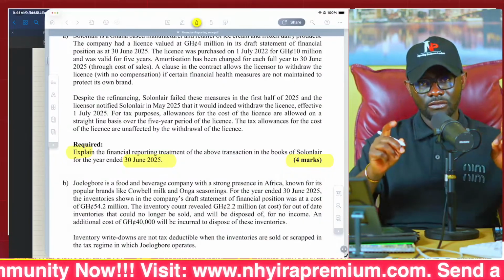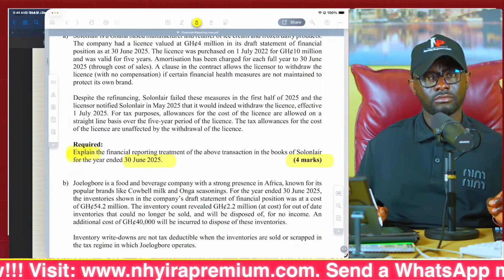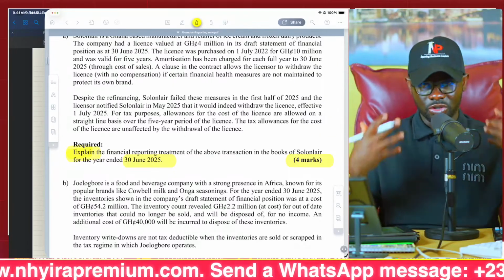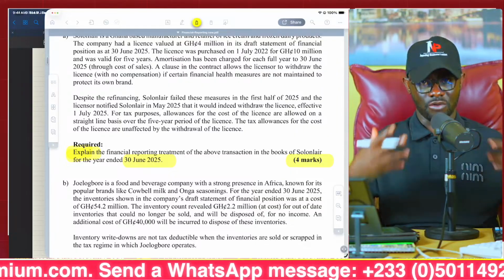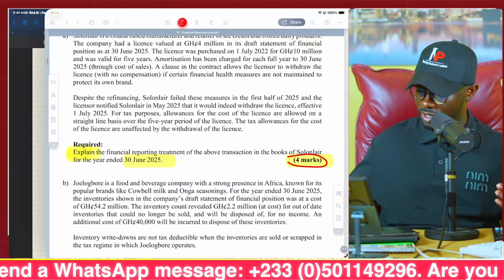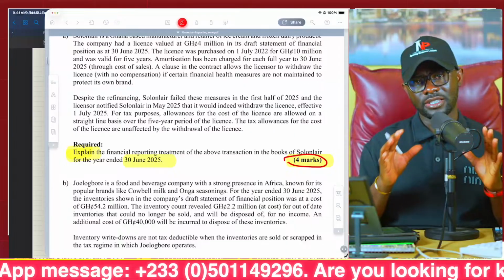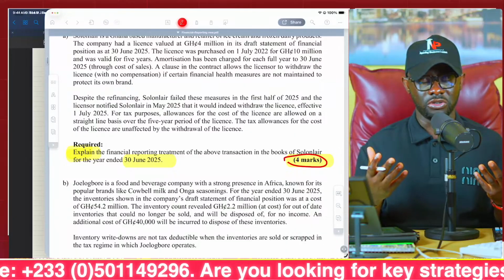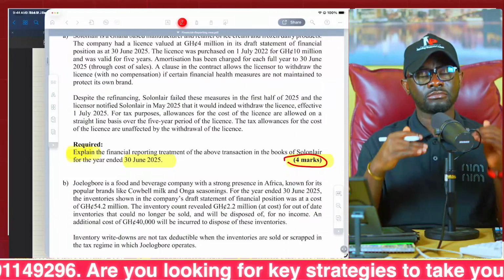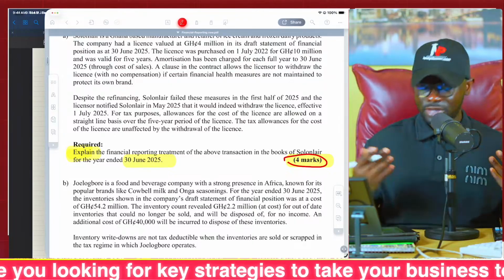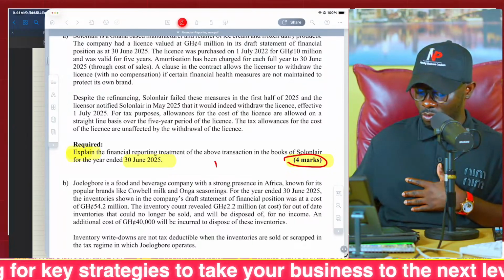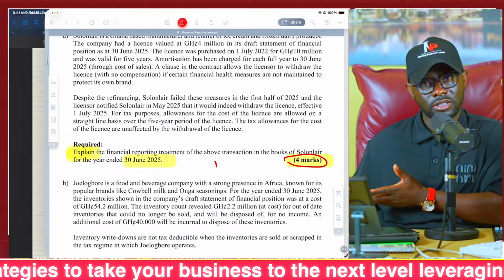Now, the active verb here is explain. So it means that you need to write something down because it's a 4 marks question. Again, it depends on the marking scheme that the chief examiner is using for the given examination date. However, sometimes the explanation can be 1 out of the 4 marks.